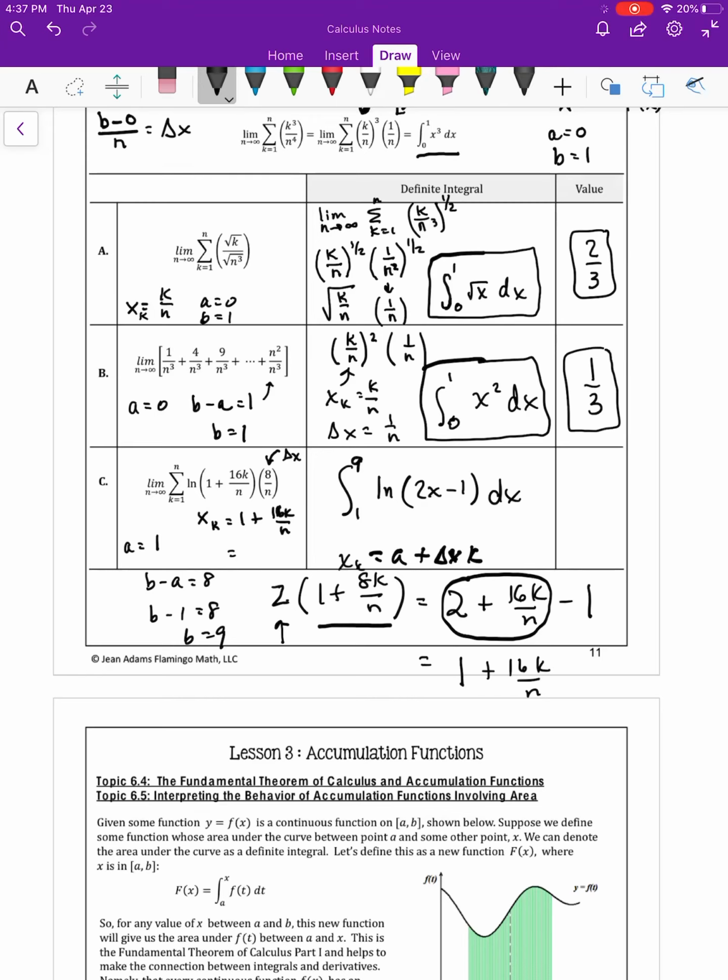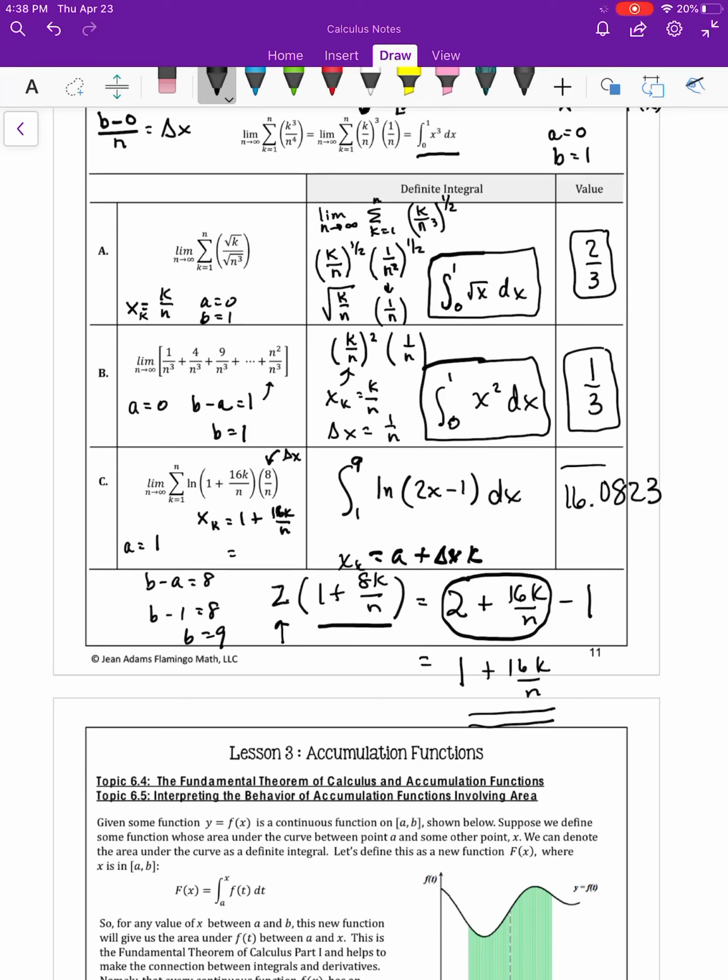So you have to be careful on that one, but that just tells you that your function is ln. So you've got your integral from 1 to 9 of ln of 2x minus 1 dx. Because you've got your 2x and then minus 1. So this ended up being your 2x after we distributed, and then minus 1 simplified to 1 plus 16k over n. And we knew that, again, because our delta x was 8 over n, and this was not just 8k over n.